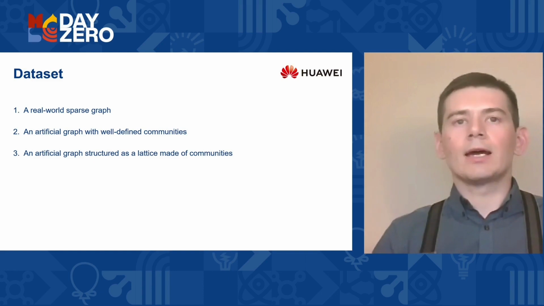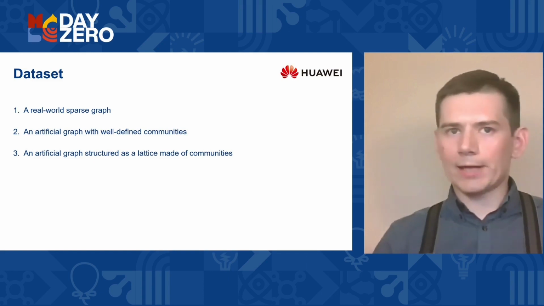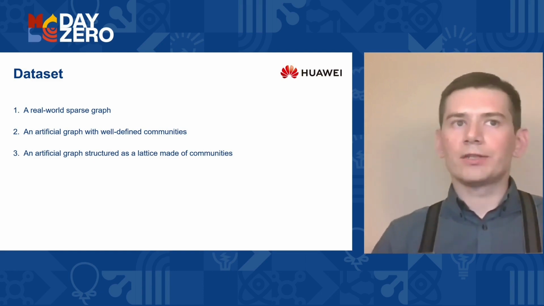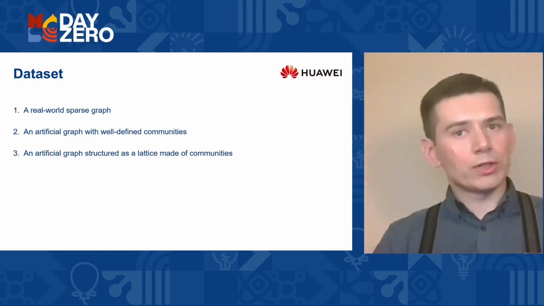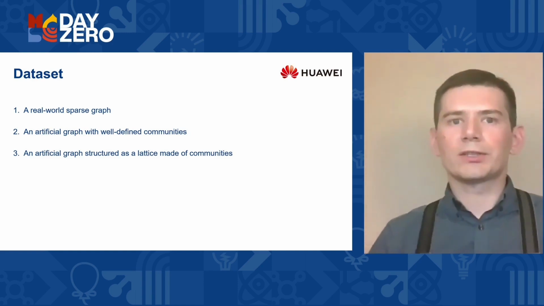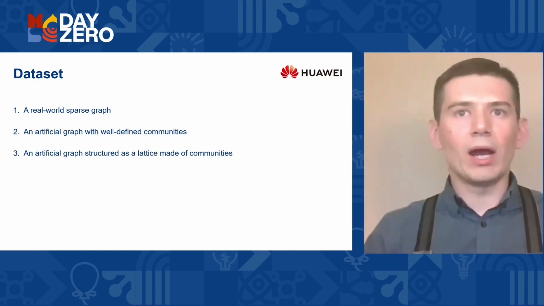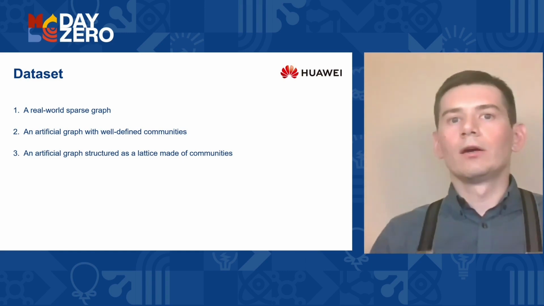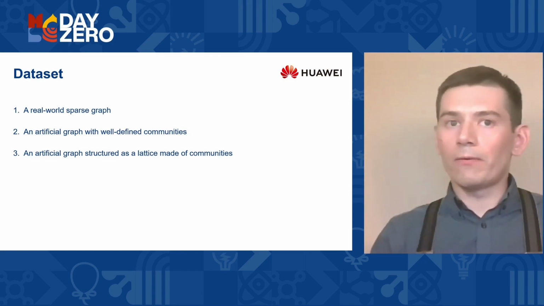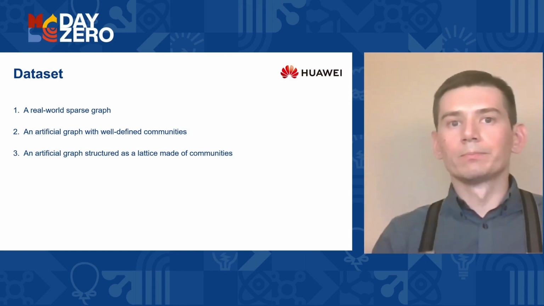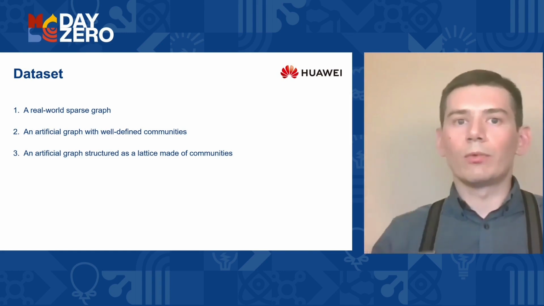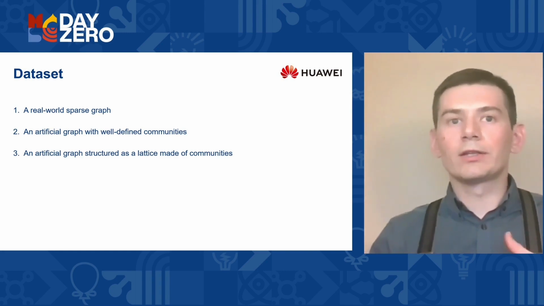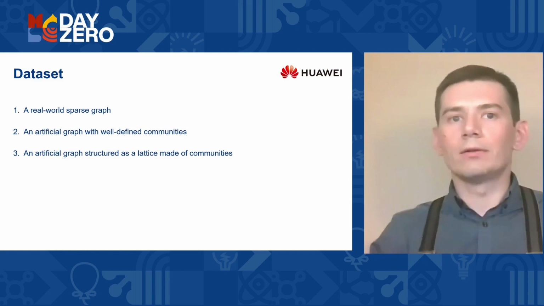It means that it has very dense areas by construction. And the third graph is also an artificial graph, and it is structured as a lattice made of communities. So the density distribution inside the third graph is more natural. The density distribution is not too high.